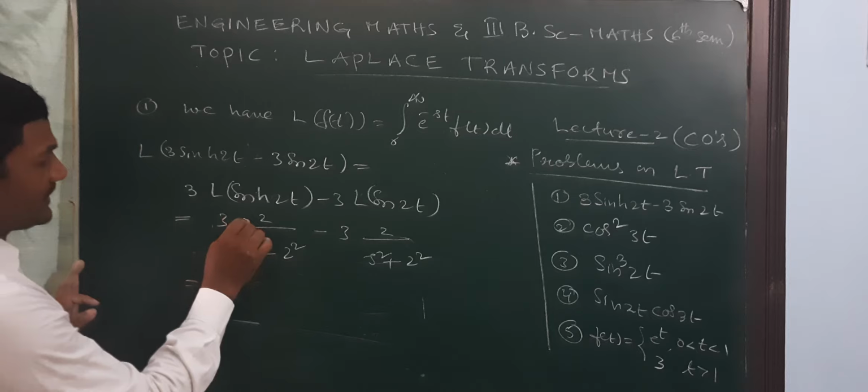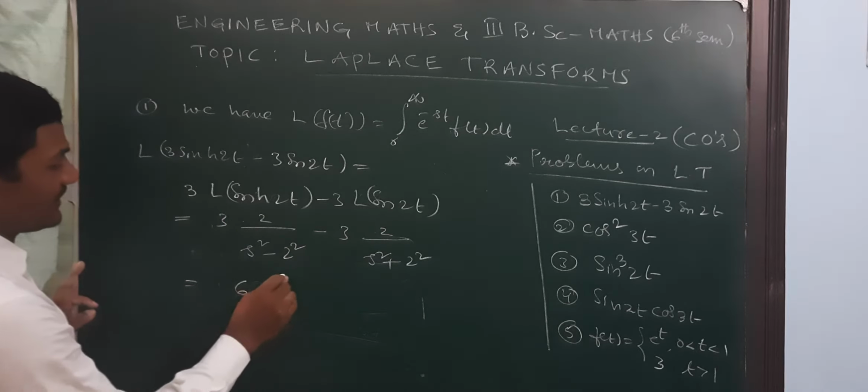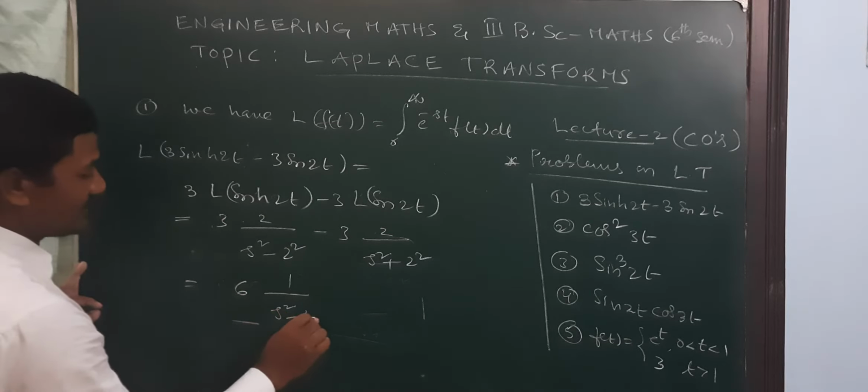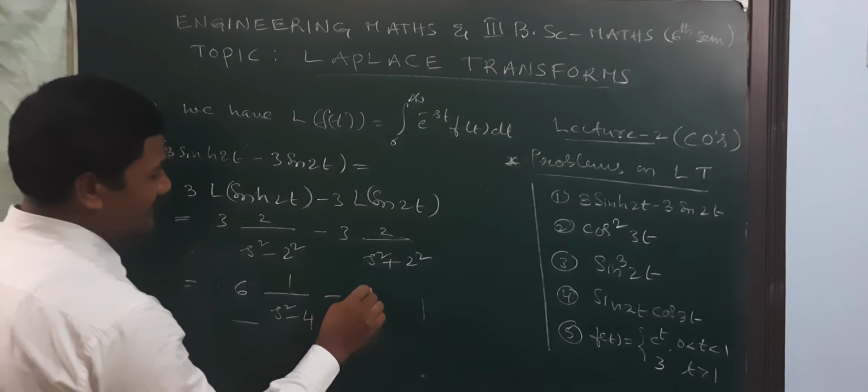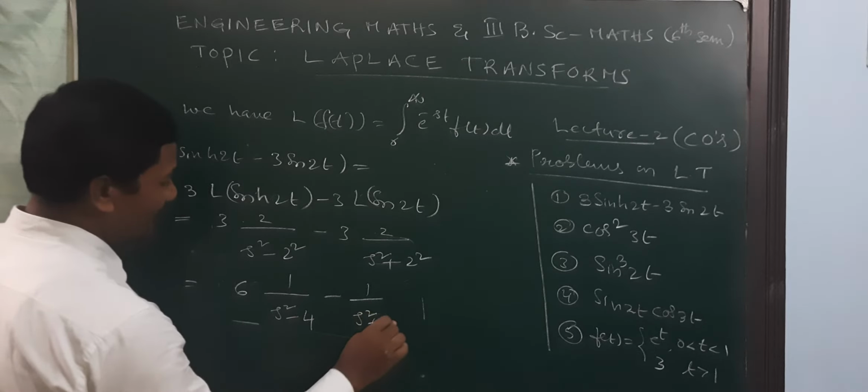So 3 into 2, that is 6, is a common term: 6 times 1 by s square minus 4 minus 1 by s square plus 4.